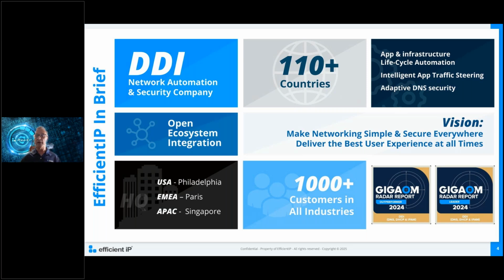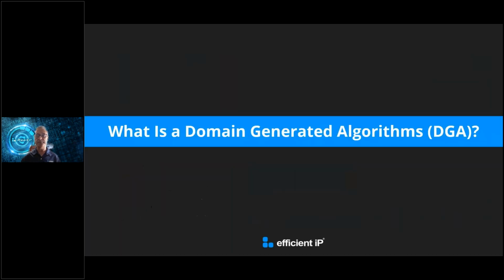GigaOM is a trusted advisor to decision makers. The GigaOM Radar Report helps IT leaders evaluate vendors based on core capabilities, innovation, and business impact. EfficientIP has a proven commitment, and this recognition underscores our ongoing focus that delivers cutting-edge reliability of our solution in the DDI space. To request a copy of the GigaOM report, please visit our website at efficientip.com.